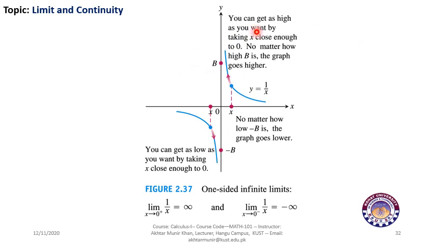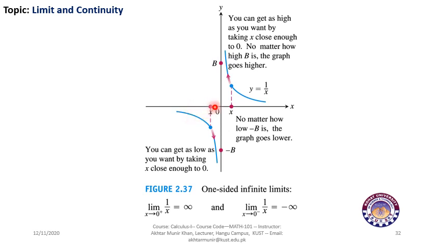Here in this case, you can get as high as you want by taking x close enough to 0, no matter how high the bound is. The graph goes higher; this is y equals 1 over x. As we move towards 0, the graph goes in the upward direction.